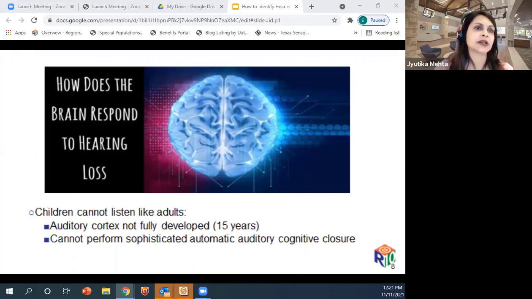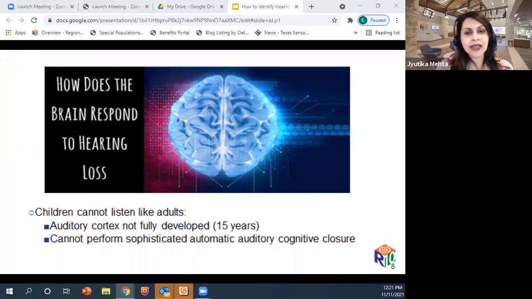Language has developed. The auditory cortex is not going to be much different from that of a typically hearing adult, primarily because they have had a period of typical development. We don't say normal; after all, what's normal?